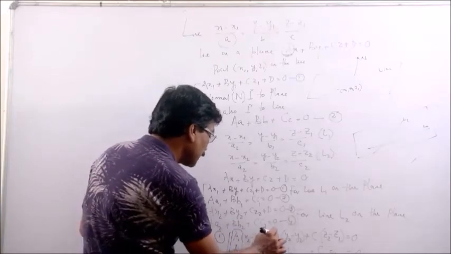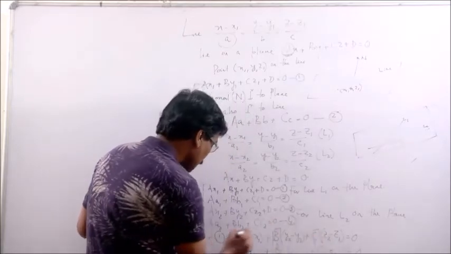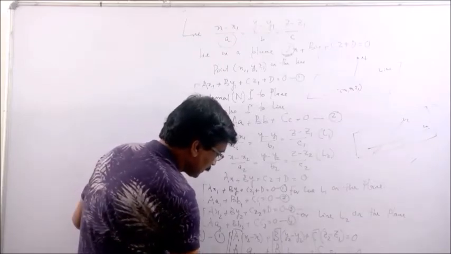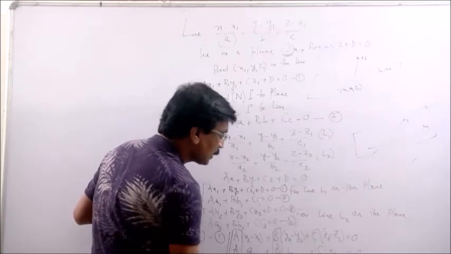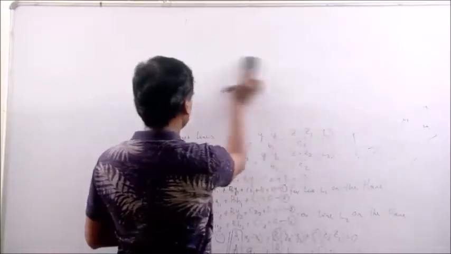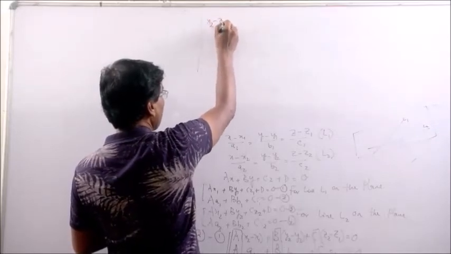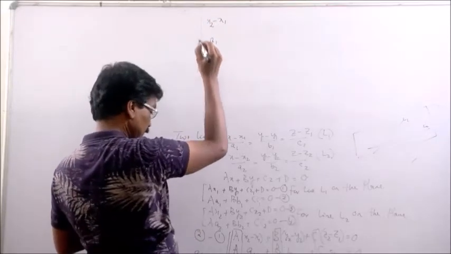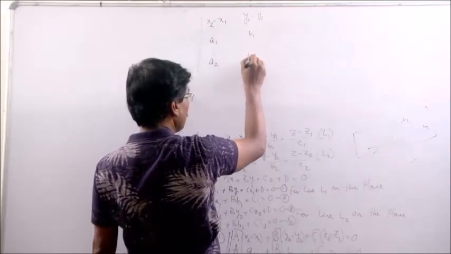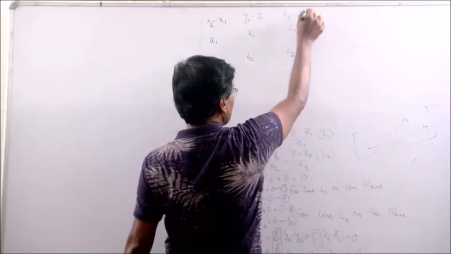So by eliminating the unknowns a, b and c, we have a determinant with rows (x2 minus x1, y2 minus y1, z2 minus z1), (a1, b1, c1), (a2, b2, c2) equal to 0.